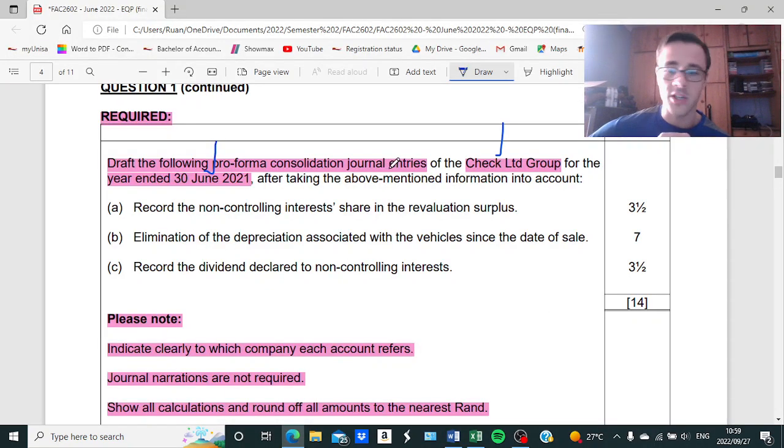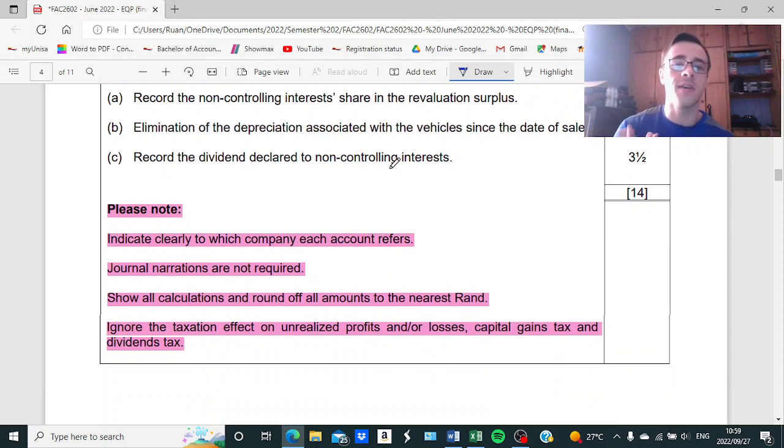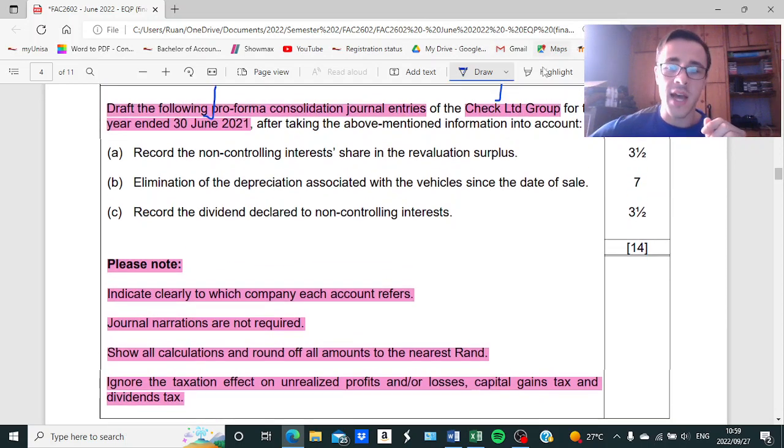Now, the first journal entry. If they ask you to give journal entries, I would suggest that you go to the specific point under additional information that deals with that journal entry. For example, number A requires us to record the non-controlling interest's share in the revaluation surplus, logically for the current year.